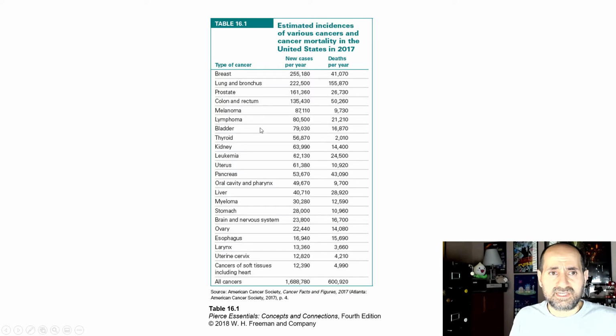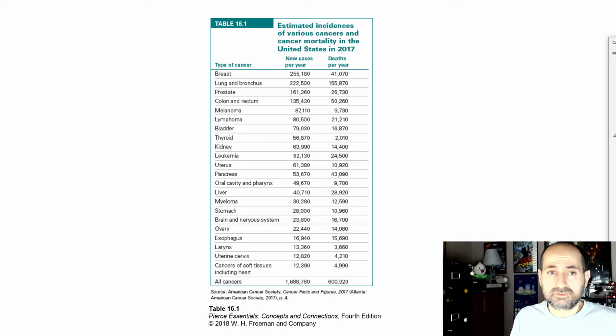And speaking of that, here's a rundown of the new cases. This was for 2017. New cases of each type of cancer and the number of deaths caused. So, for example, in 2017, 255,000 breast cancer cases were diagnosed, and that led to 41,000 deaths.